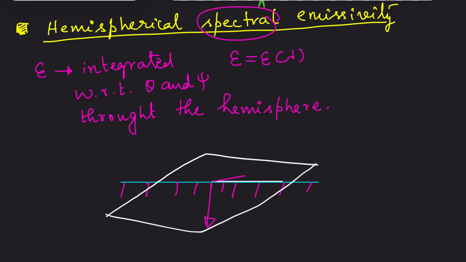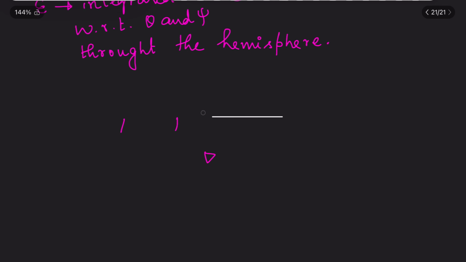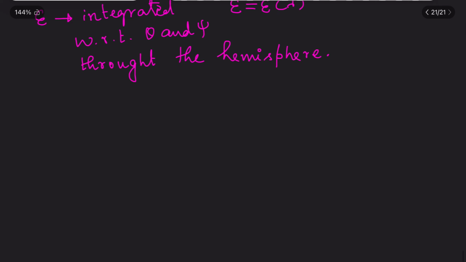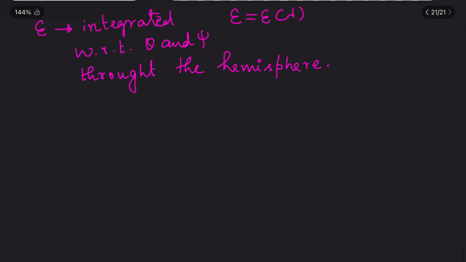So this thing and this thing will define a hemisphere. I hope that you have understood. If not, please comment that I have not understood. I will tell it again, maybe in my future lectures. Okay, so integrated with respect to theta and psi throughout the hemisphere.